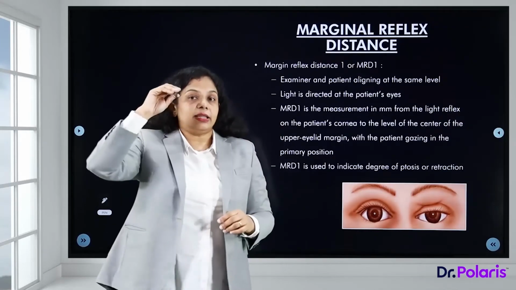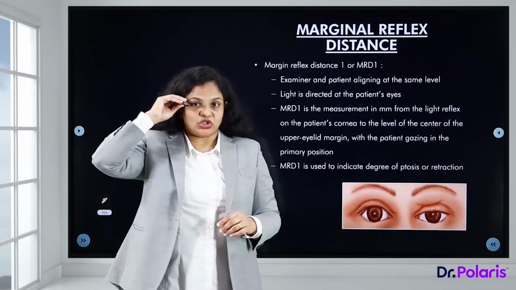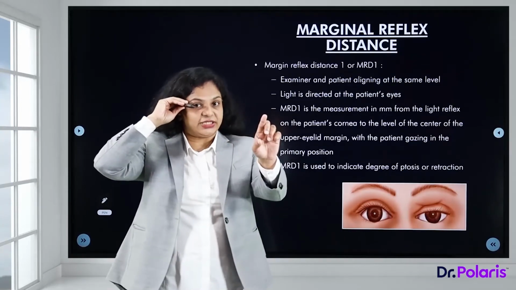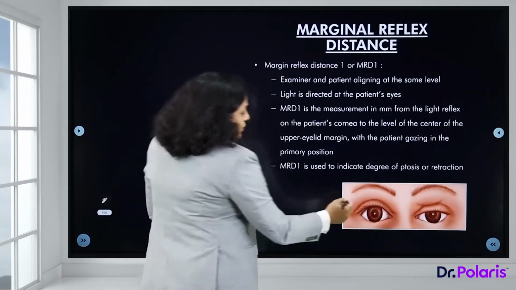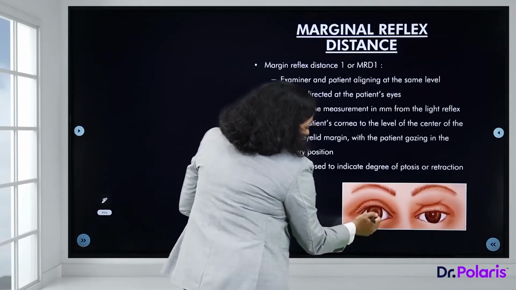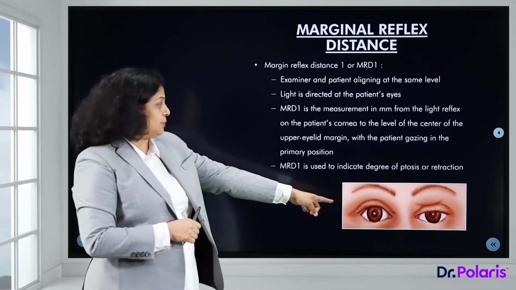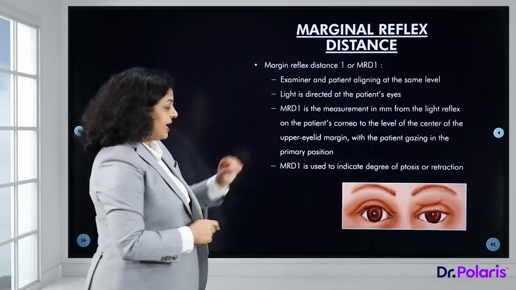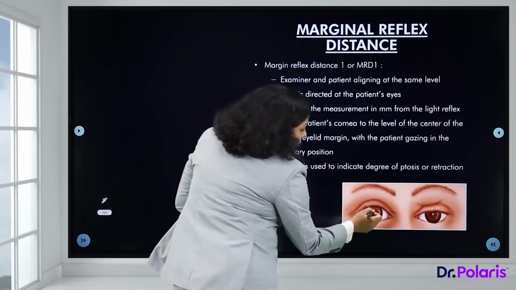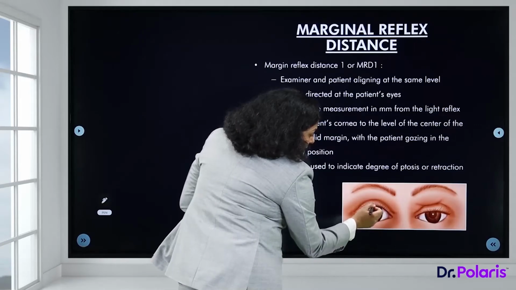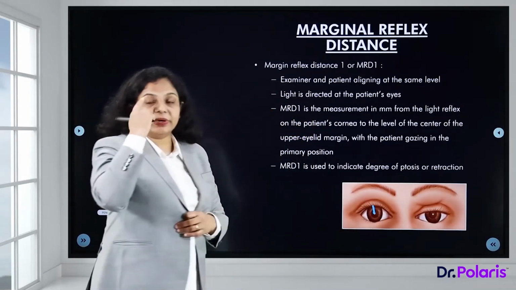The examiner holds the torchlight and shines it into the patient's eye. We are trying to measure from the reflex of the light which is shining into the patient's pupil, from here to the center of the upper lid.